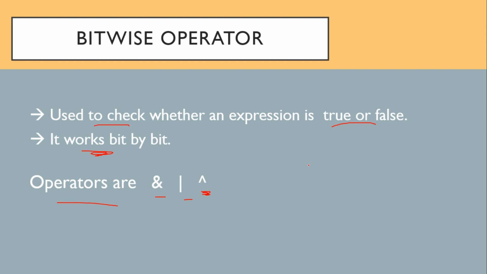If we again take an example, let's suppose we have 4 and 3 and we are doing AND. It will not work like the logical operators. Instead, it will first convert these numbers to their binary numbers. 4 in binary will be 1 0 0 and 3 in binary will be 1 1.